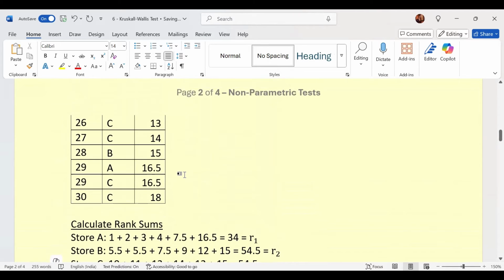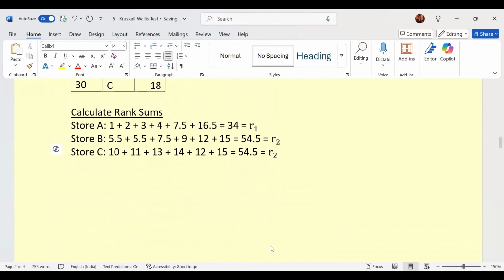Then 16.5 and then 18. Adding this 10 plus 11 plus 13 plus 14 plus 16.5 plus 18, we get 82.5. That we are going to call it as R3.